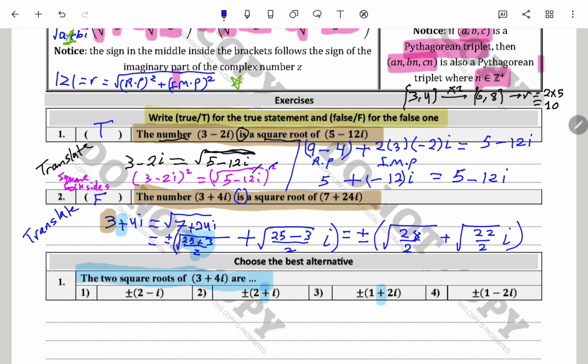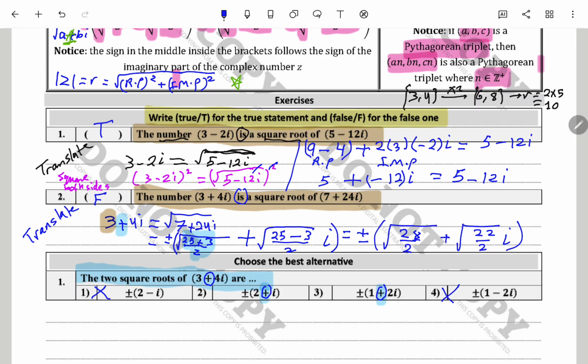Don't choose the one which has negative in the middle, because the middle sign should be similar to the middle sign here. So you can square this one and this one.